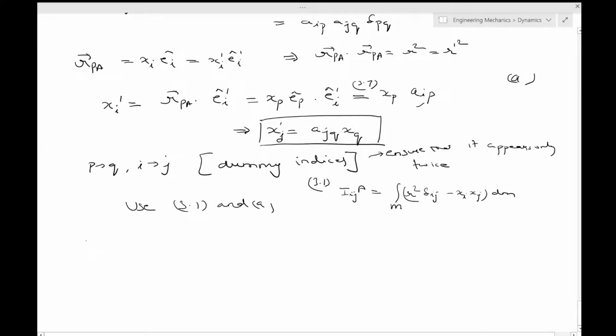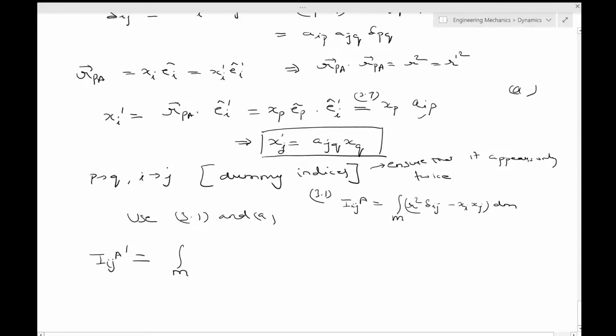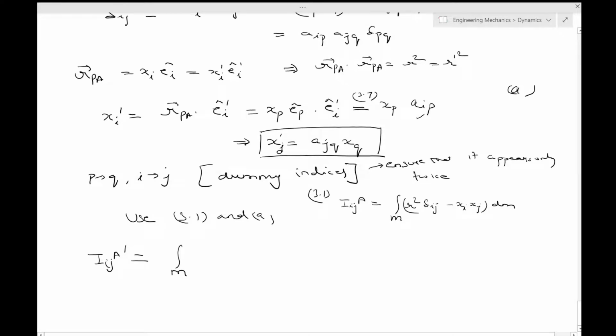So you want to now write this in a transformed coordinate system. That's why I'm showing with this dashed symbol. What changes? Well, r square becomes equal to r dash square. Please keep on looking at these equations A. Delta ij can be written as delta ij dash. x_i will be written as x_i dash, x_j dash, dm.